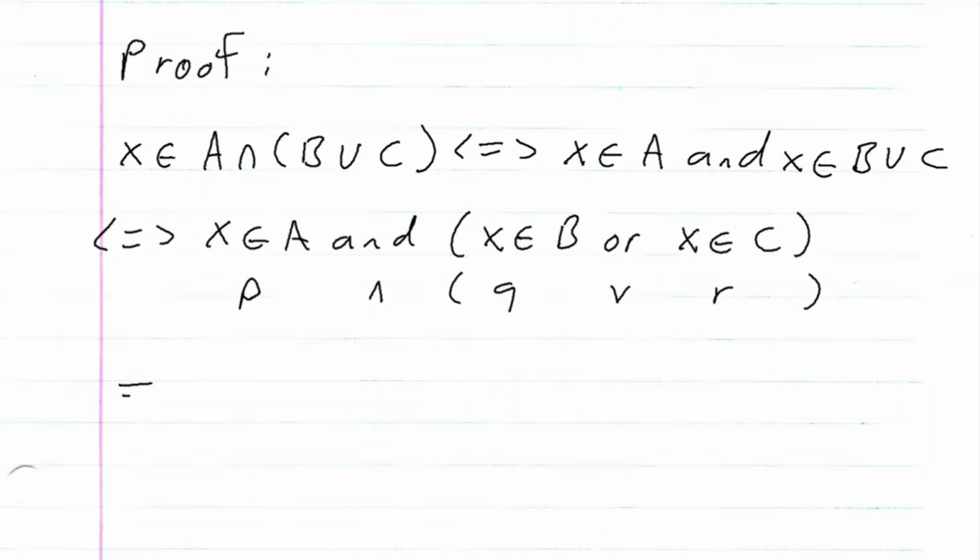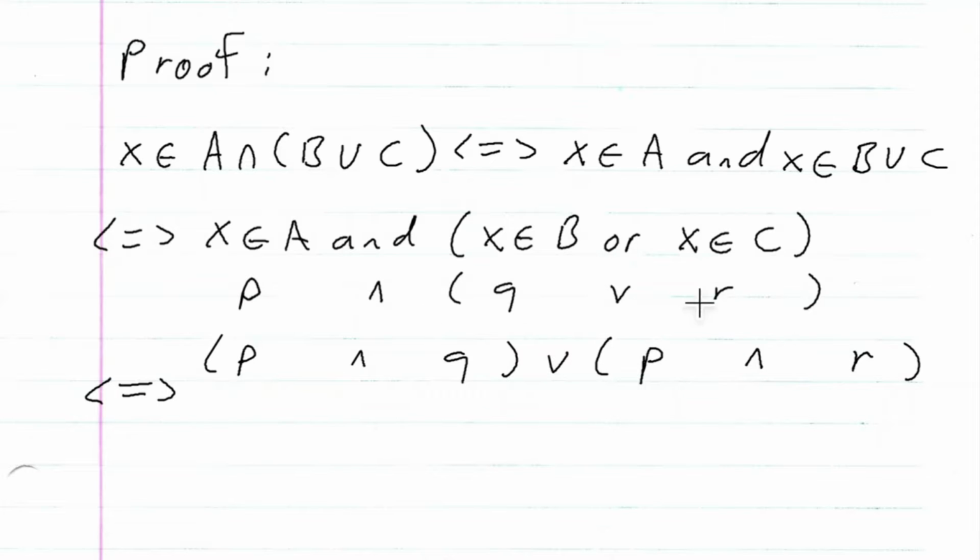So we know the propositional logical equivalence of this statement is going to be, let me give some space, (P and Q) or (P and R). Okay, so I know that P and (Q or R) is logically equivalent to (P and Q) or (P and R).